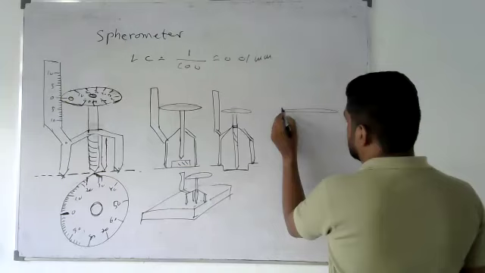So there two things can happen. One is the zero of the circular scale is positioned above the zero of this vertical scale, or it will be below. හරිද? මෙතන ඉඳන් තමයි අපි රීඩින් එකක් ගන්න. මෙතන ඉඳන්. Right?